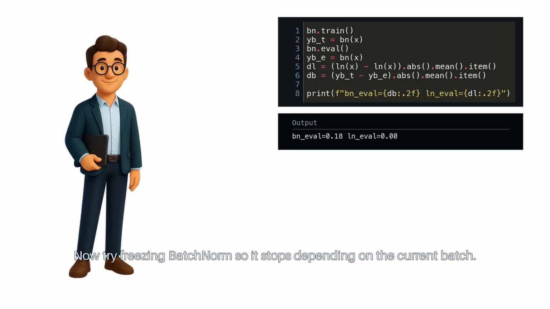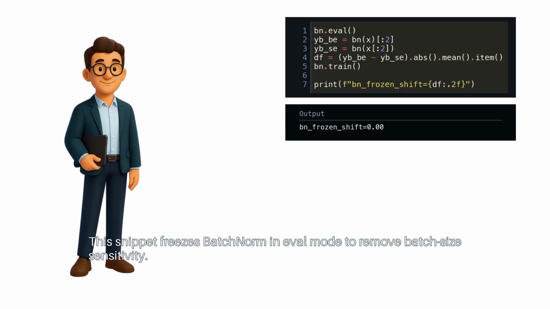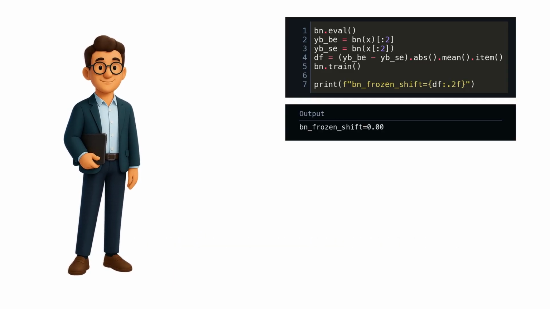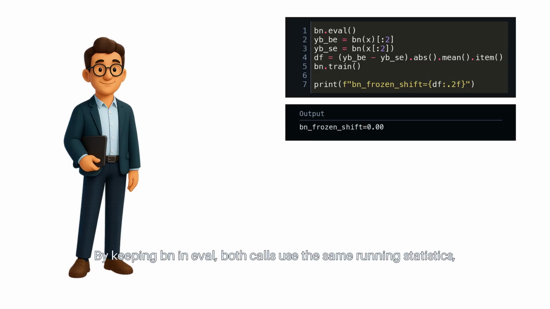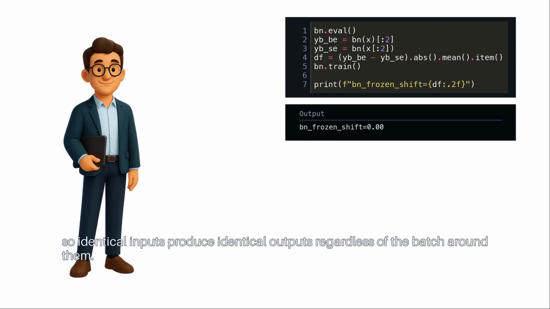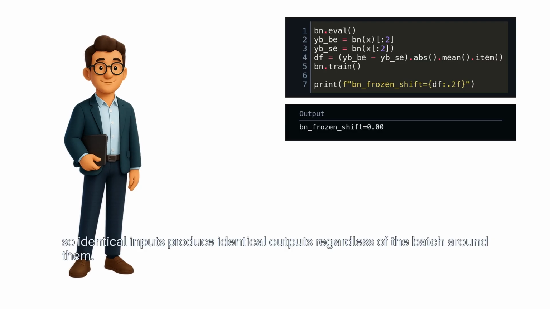Now try freezing BatchNorm so it stops depending on the current batch. This snippet freezes BatchNorm in eval mode to remove batch size sensitivity. By keeping Bn in eval, both calls use the same running statistics, so identical inputs produce identical outputs regardless of the batch around them.